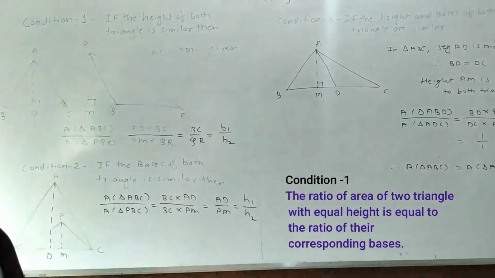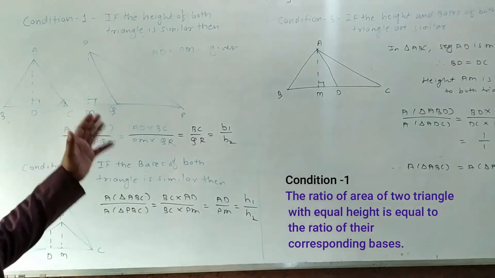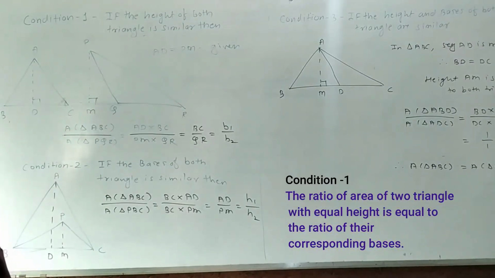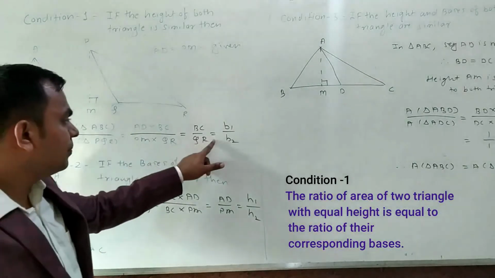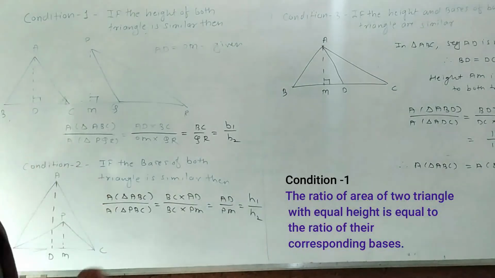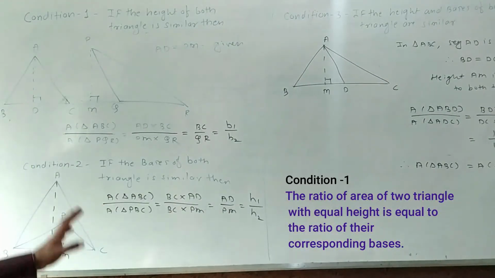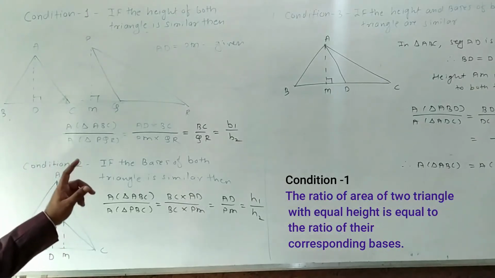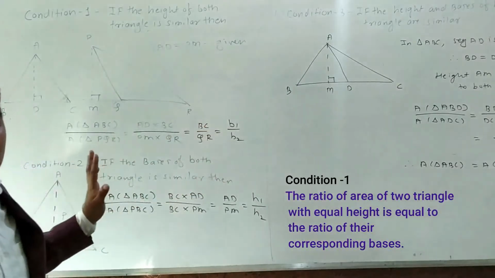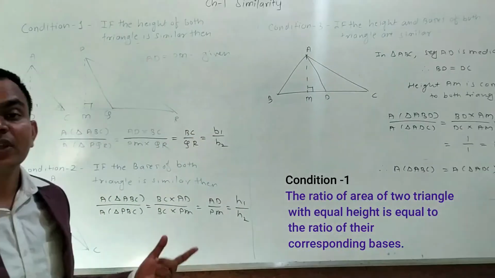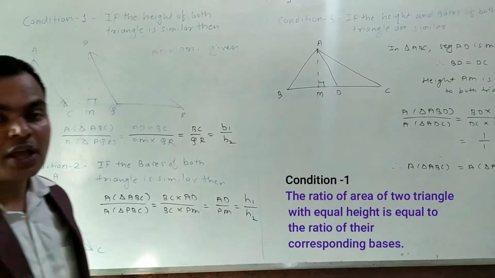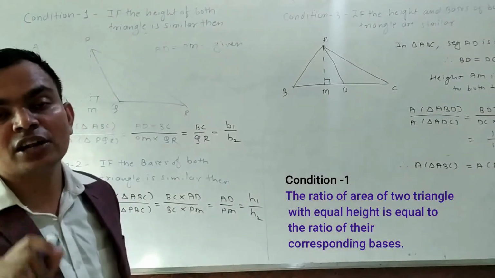In condition 1, if the heights of both triangles are equal, then the ratio of the area of two triangles is equal to the ratio of their corresponding bases. What will be the property? The ratio of the area of two triangles with equal height is equal to the ratio of their corresponding bases.